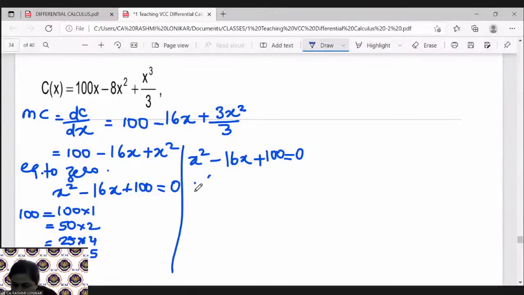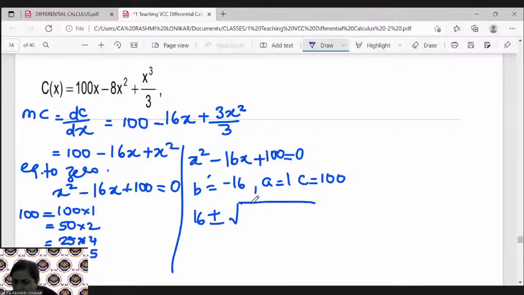I have b equal to minus 16, a equal to 1 and c equal to 100. So the roots will be minus b, so this is 16 plus or minus the square root of b square, that is 256 minus 4 into 1 into 100.